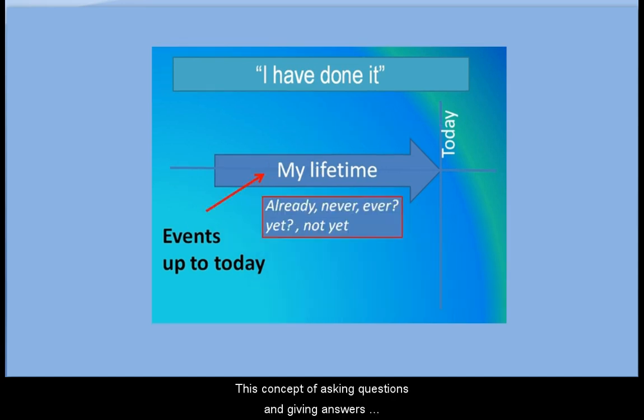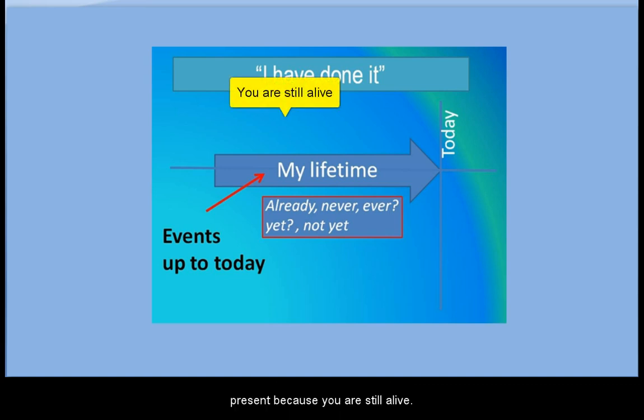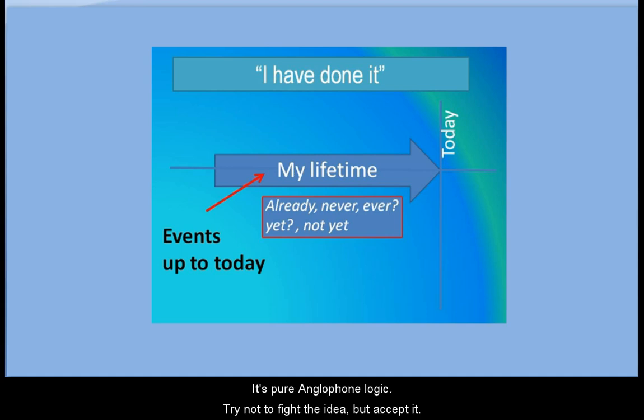This concept of asking questions and giving answers without dates is difficult for many English learners. Your lifetime of experiences has a connection to the present because you are still alive. It's pure Anglophone logic. Try not to fight the idea, but to accept it.